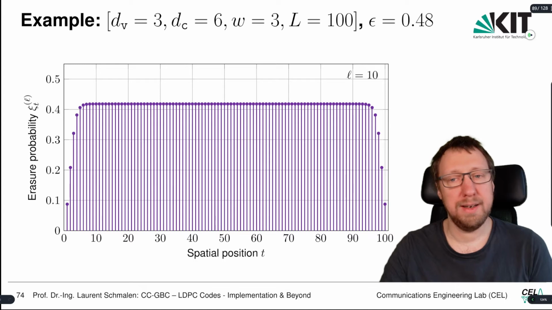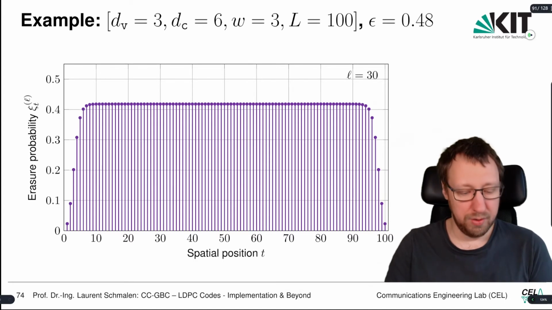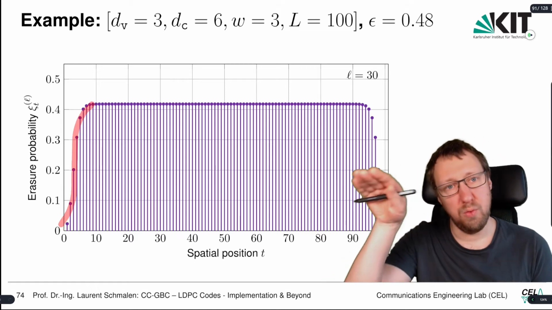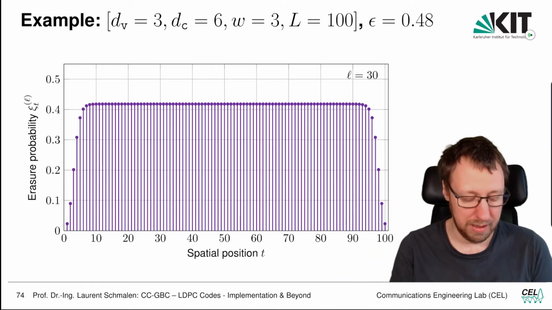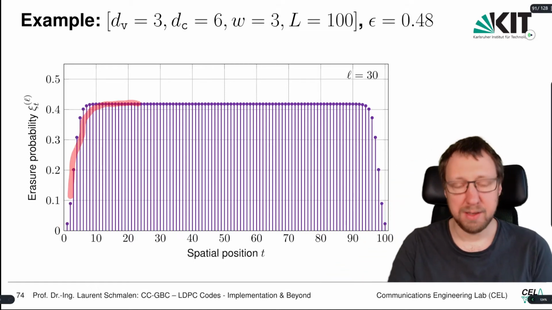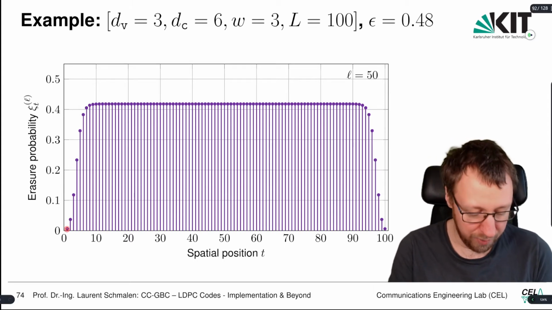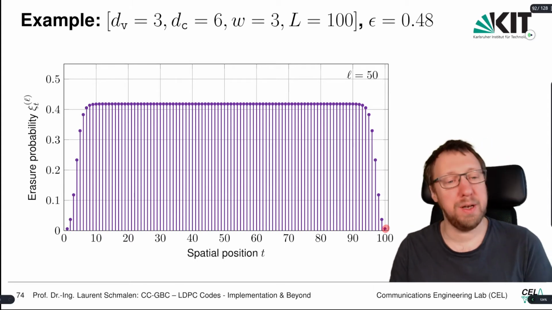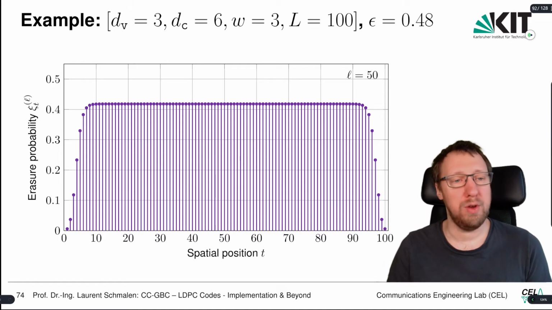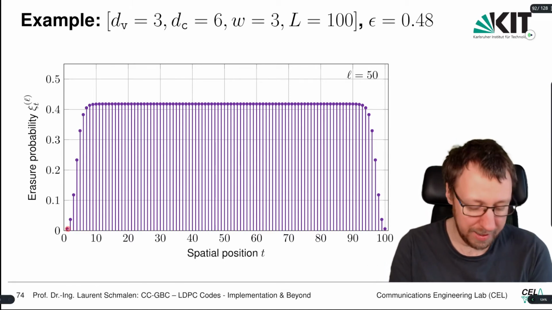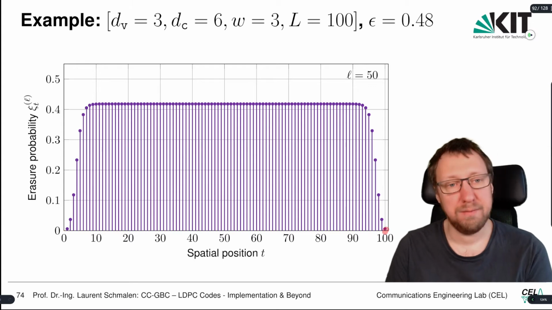Continue further, 10 iterations, 20 iterations, 30 iterations, and we see that due to this filtering, we have this nice smoothing of the leftmost virtual positions. And we see that after 50 iterations, the first and the last spatial position is almost error-free or erasure-free. Almost all the erasures, they have been recovered.